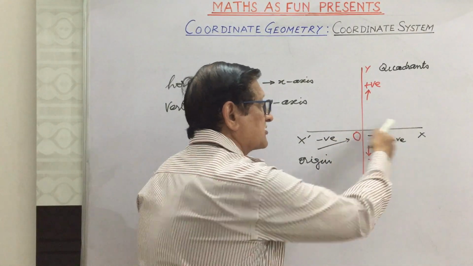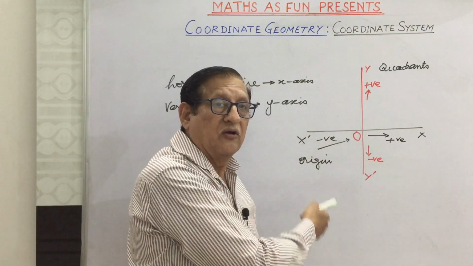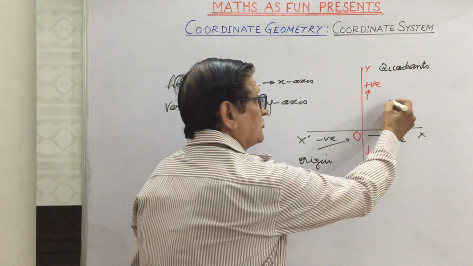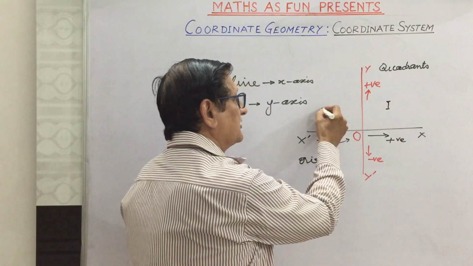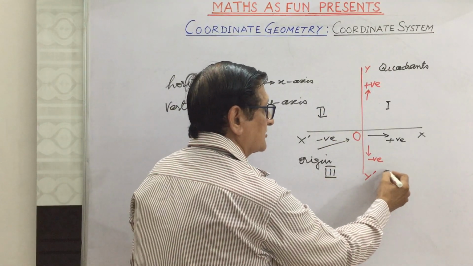From the positive direction of the x-axis, in the anti-clockwise direction we name them. This is known as the first quadrant, this is the second quadrant, this is the third quadrant and this is the fourth quadrant.